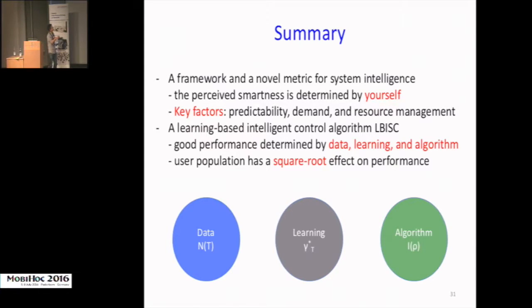Then key factors: predictability, demand, and resource management. We also presented a learning-based intelligent control algorithm, LBISC. Essentially, it shows that you need 3 components to get good performance: data, learning, and algorithm. And what's interesting is that the user population has a square root effect on the performance. So if you have more users, you certainly get a better performance if you use it right.